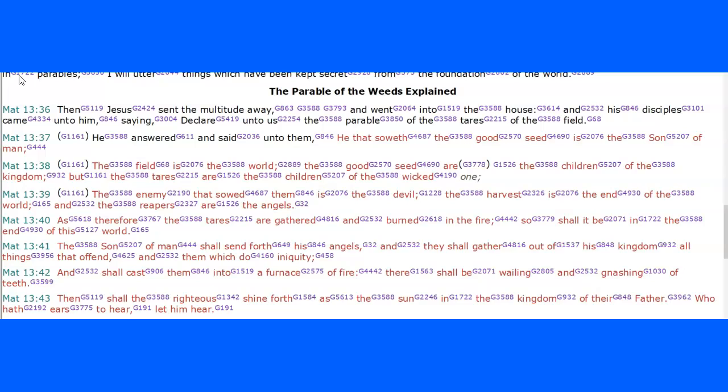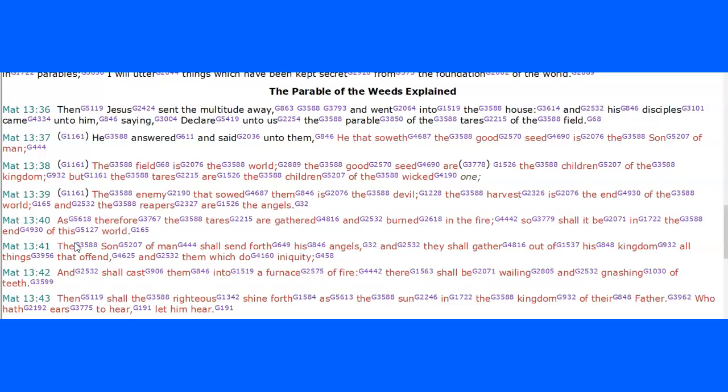If we click on the King James Plus tab at the top left of your software, these numbers will come up. And so here within three verses, we have both sons, S-O-N and S-U-N. And then if we look at Matthew 13:41, the Son of Man shall send forth his angels, and they shall gather out of his kingdom all things that offend, and them which do iniquity.